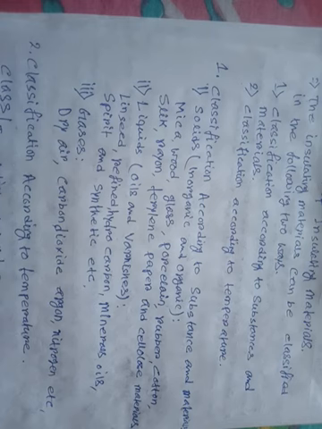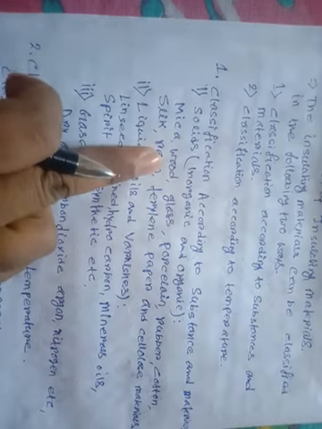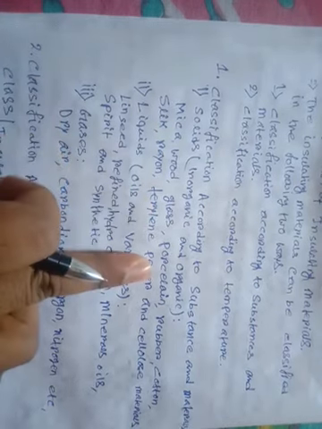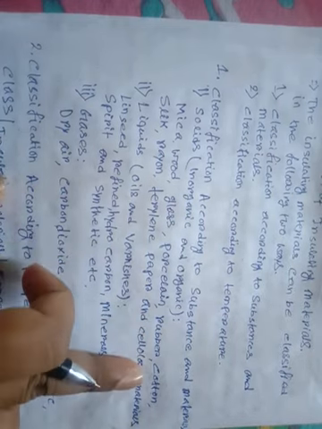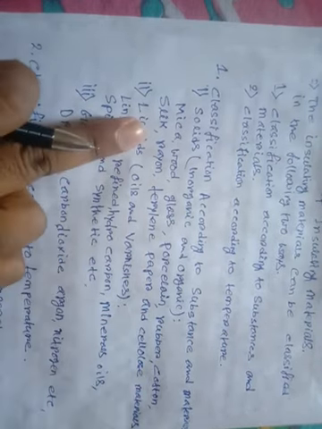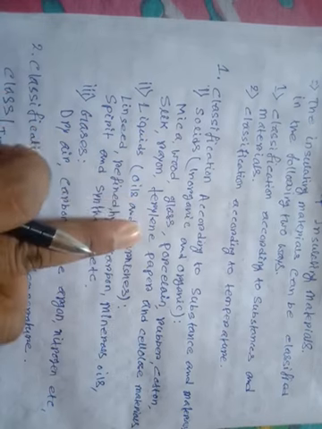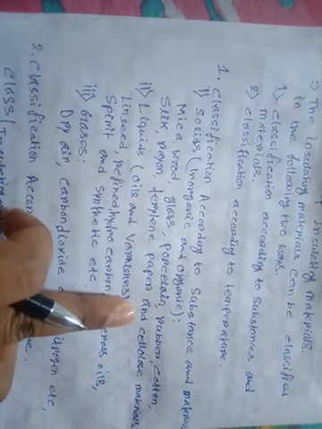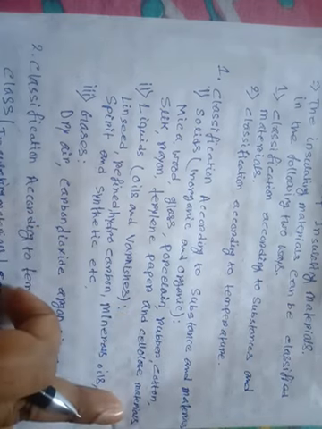Number one, solid. The solid material will be inorganic material or organic material. The solid insulation materials are mica, wood, glass, porcelain, rubber, cotton, silk, rayon, terylene, paper, and cellulose material.